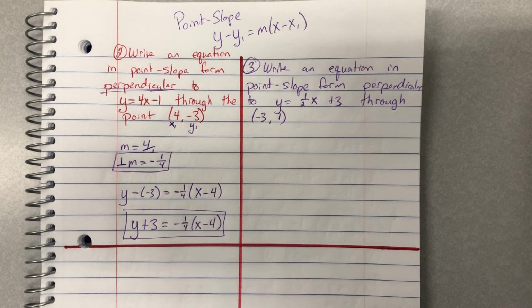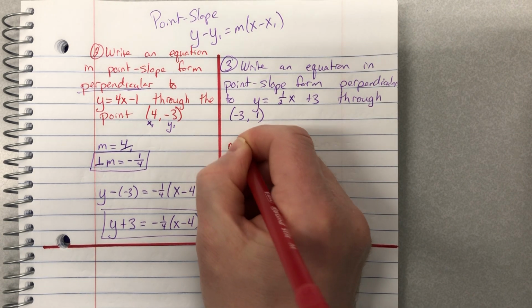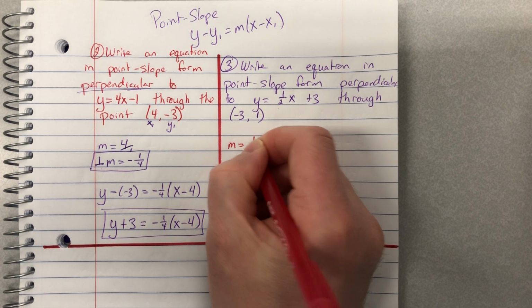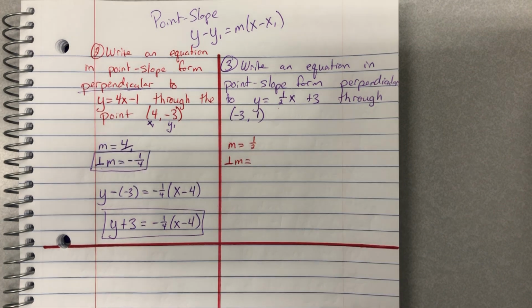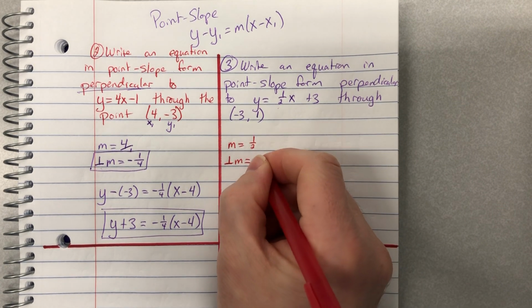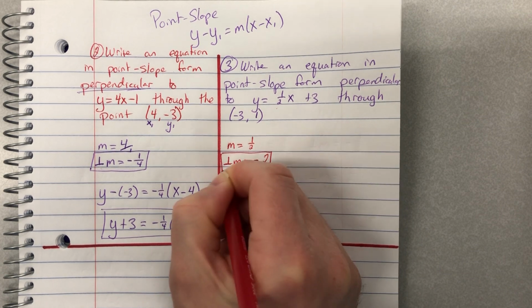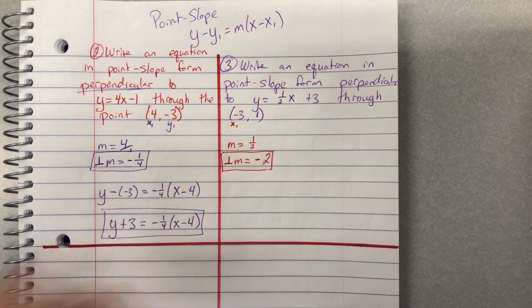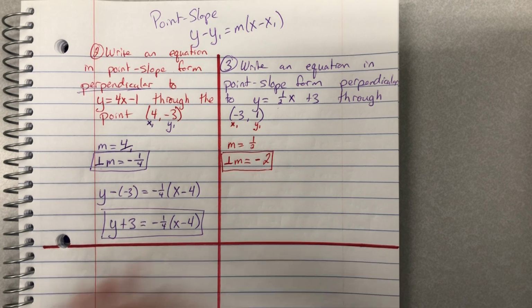Okay, similar to the last one, just a little different problem with different equations. So we start off by asking, what's the slope of our original line? It's 1/2. Well, what would our perpendicular slope be? Remember, we're going to flip it and change the sign, so our perpendicular slope is going to be -2. We can label -3 as our x1 and 1 as our y1.